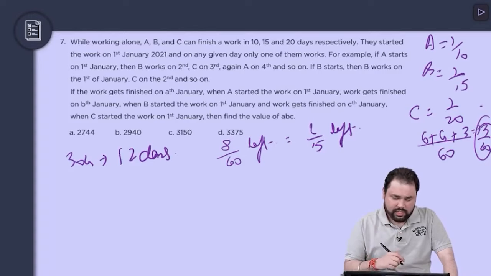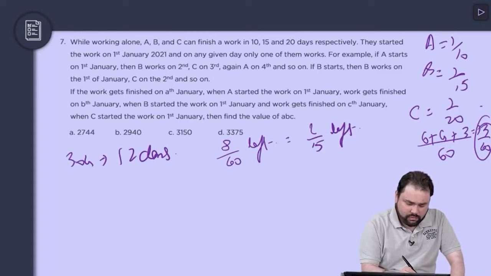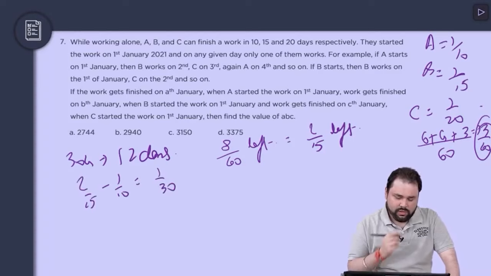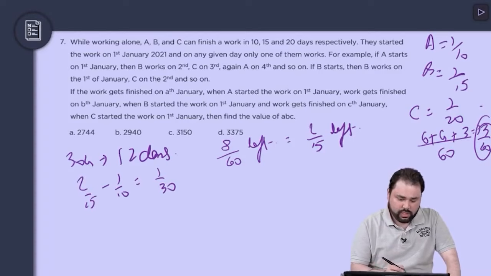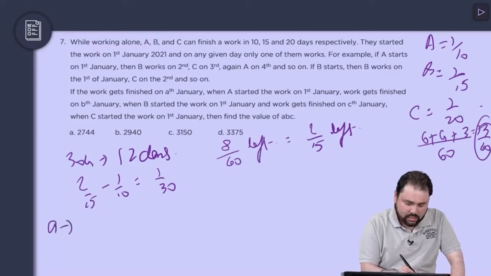A comes, A can do 1/10. So how much work will be left? 2/15 minus 1/10, which over 30 is 4 minus 3, 1/30, which B will finish the next day. So 13, 14. So when A starts, it takes 14 days. So small a is 14.